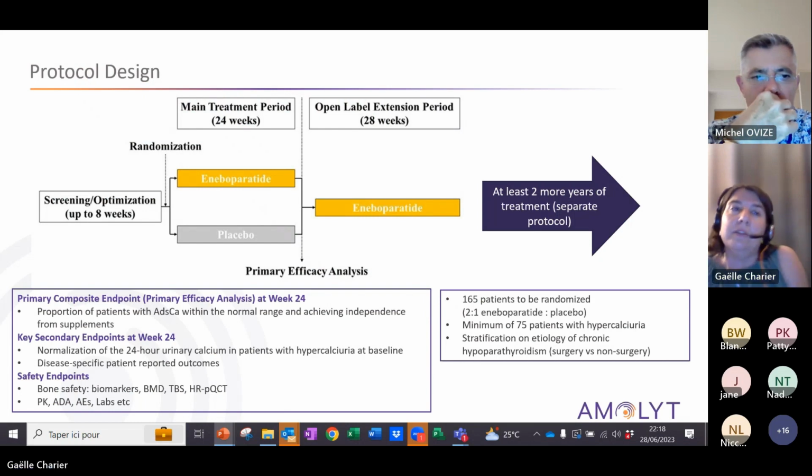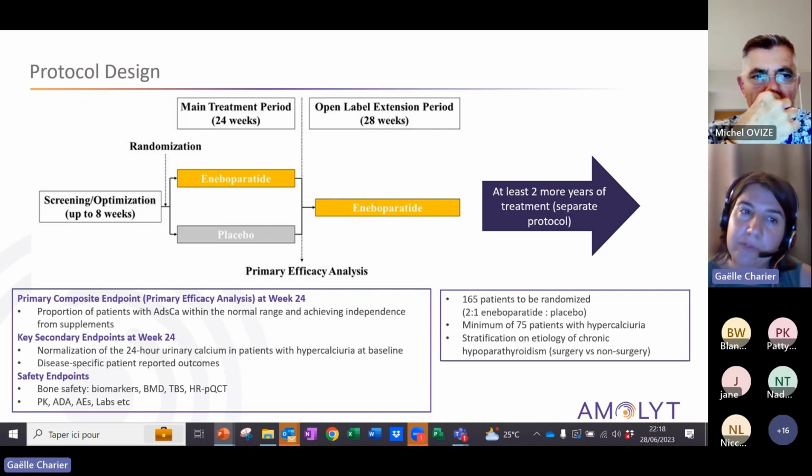So the design of this study is shown on this slide. There are 3 phases in this study. In the first phase, which we call screening optimization period, and which can last up to 8 weeks, the goal will be to ensure that all patients are optimized so that their serum calcium is for every patient in an optimization range.